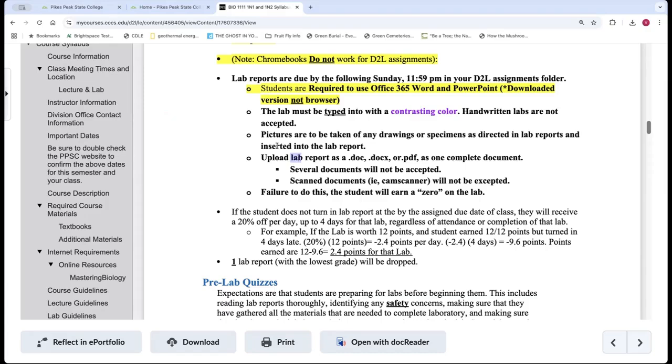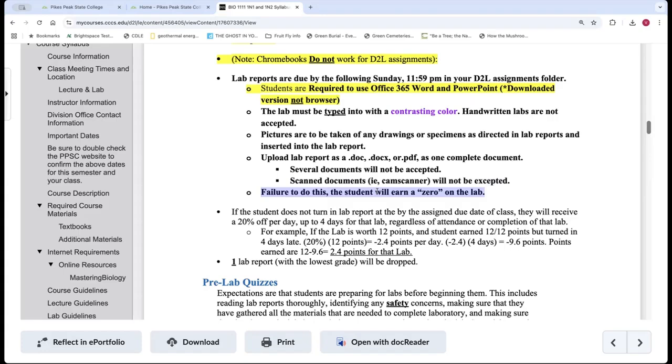You will upload one complete document. You won't upload a lab report and 5, 6, 7, 8 pictures. If your pictures are not in the lab report, they will not be counted as if you've done them. Failure to do this, students will earn a 0 on the lab.